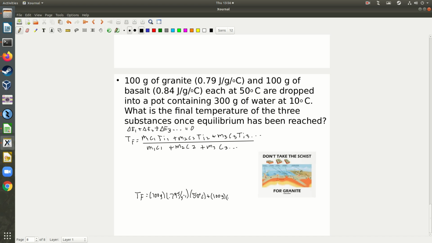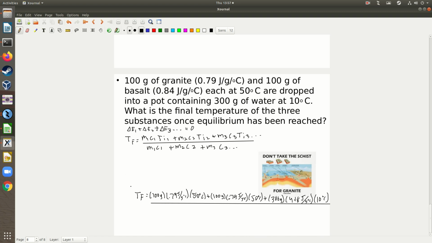Its specific heat is 0.79 joules per gram degrees Celsius, and its initial temperature is 50, plus water. We have 300 grams of water. Its specific heat is 4.18 joules per gram degrees Celsius, and its initial temperature is 10. And so I could keep going, but I only did 3 because, well, you get the picture.